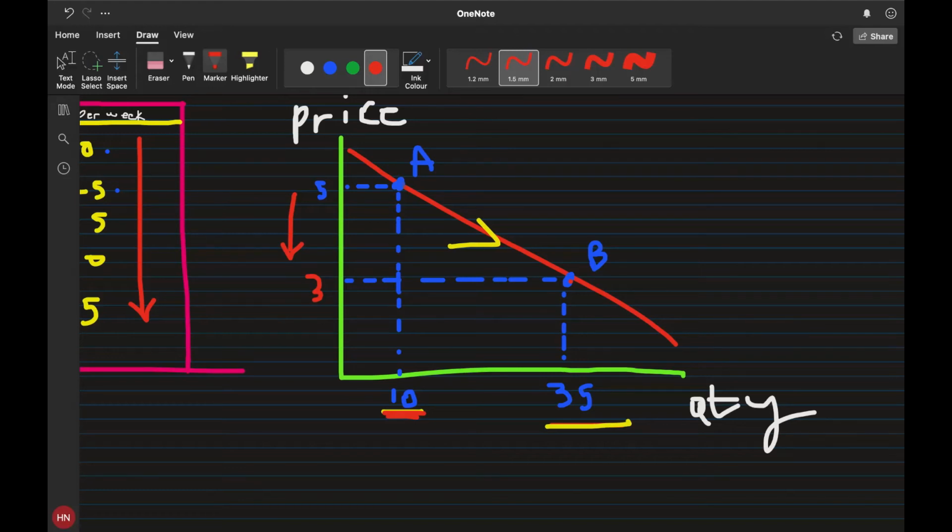So that's one point. The other point is point B, at which the price is 3, and the quantity demanded at the price of 3 is actually 35. So as the price goes down from 5 to 3, the quantity being demanded is increasing, going from 10 to 35.